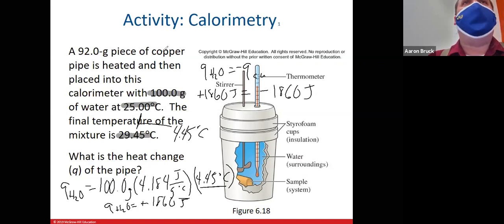Where we see calorimetry used the most often is a version of this used for determining how many calories are in food.